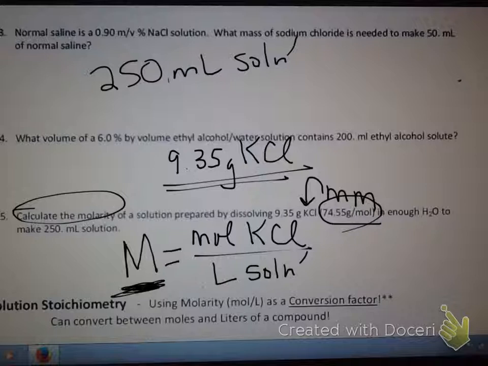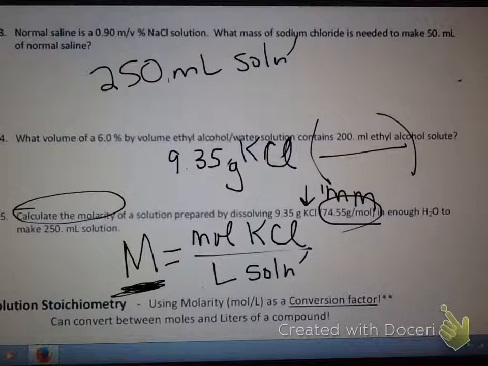Now there's two ways you can do this. You can use the standard conversions, where you use units to solve problems. So grams of potassium chloride, we can convert from grams to moles using molar mass. The molar mass is 74.55 grams per 1 mole. So I've got grams on top.